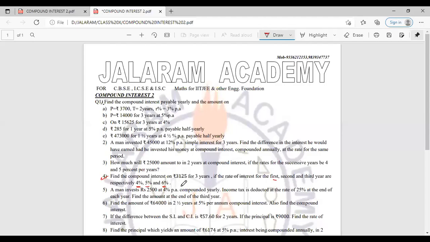So we have to find the compound interest on the sum of money of rupees 3,125. That is, if you observe, this is the principal. Rupees 3,125 is the principal.